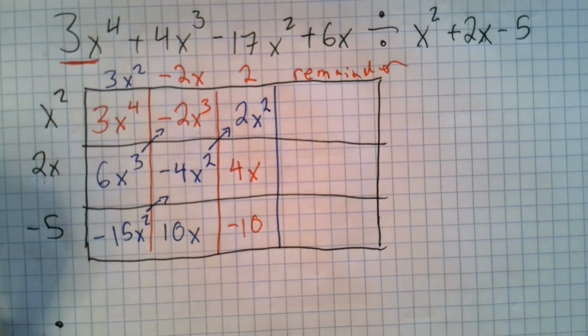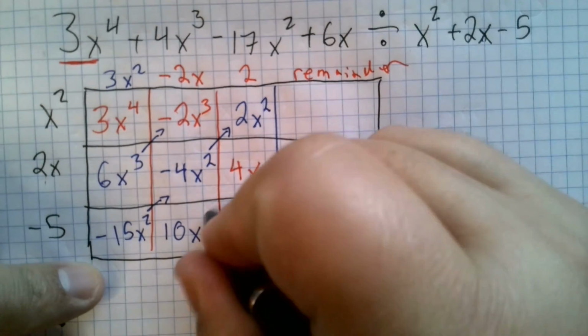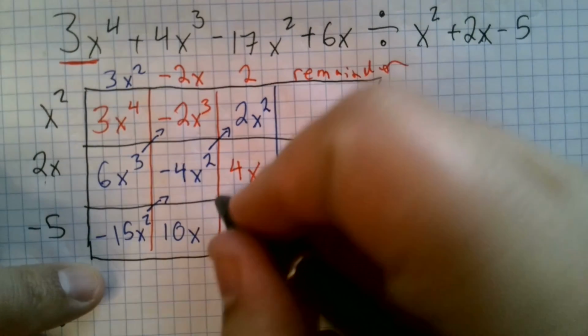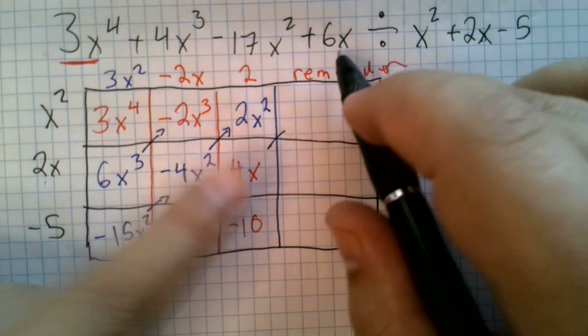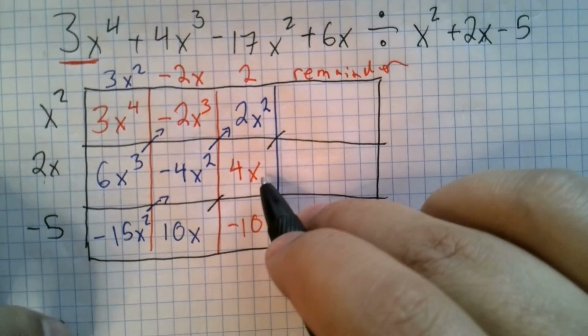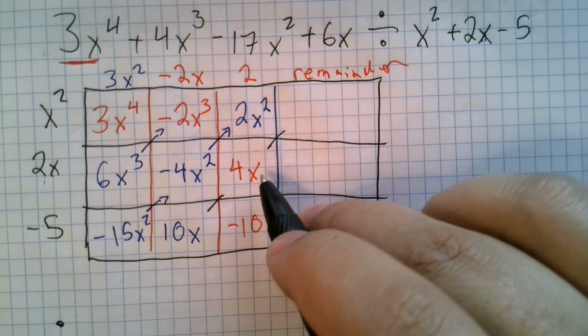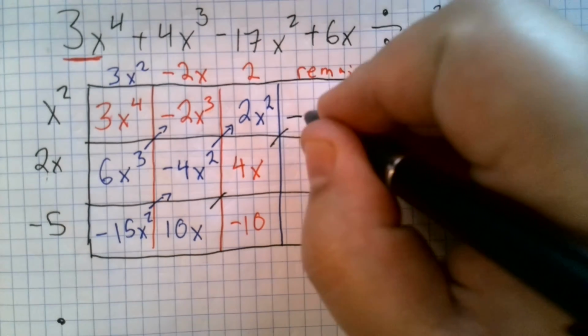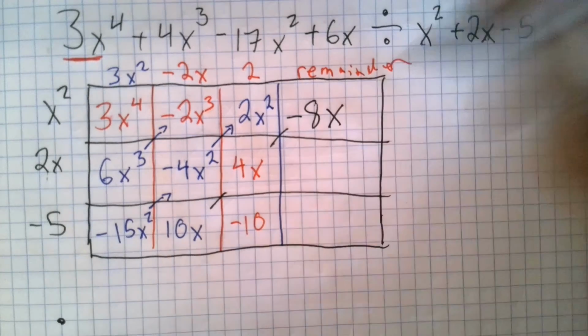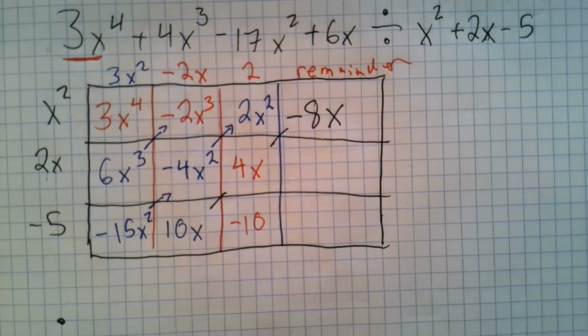And now we have to worry about these diagonals. So we have 10x and 4x, which has to add up to 6x, so we're at 14. What's 6 minus 14? That's negative 8, so we have negative 8x.